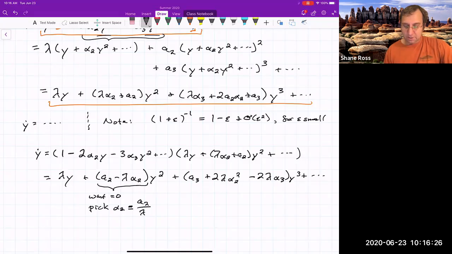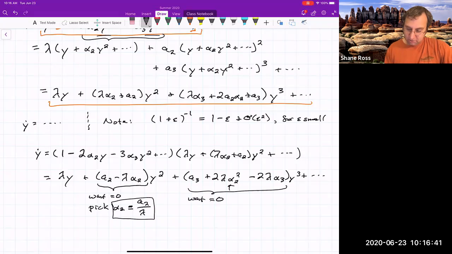Otherwise, this would be undefined. Okay, so we've simplified that, and we've got what alpha 2 needs to be. We could plug that in here for alpha 2, and we could get rid of this cubic term. If you want that to be 0, then you could solve for what alpha 3 has to be to make this 0. So we get this.